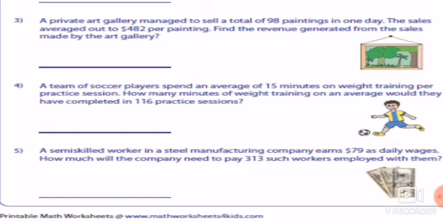Now question number 4. A team of soccer players spent an average of 15 minutes on weight training per practice session. So how many minutes of weight training on an average would they have completed in 116 practice sessions? Tell me fast what you will do in this.